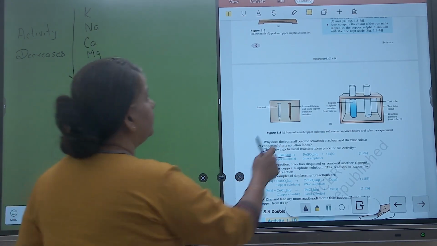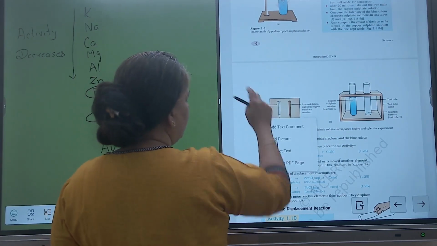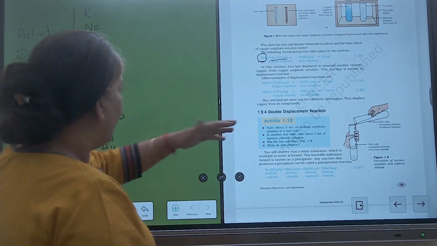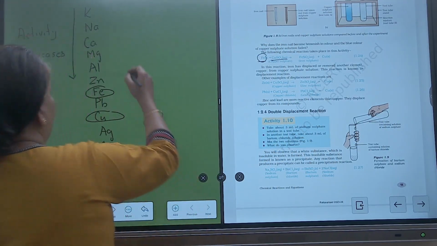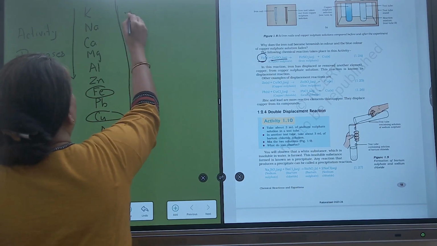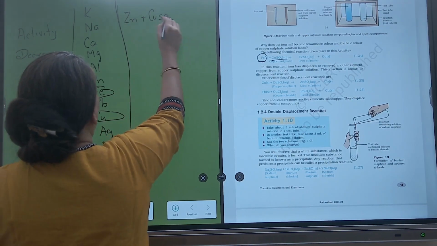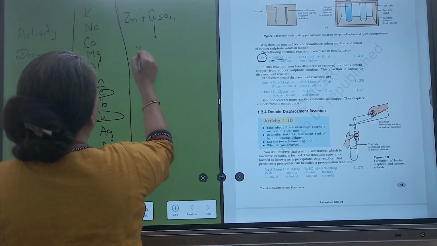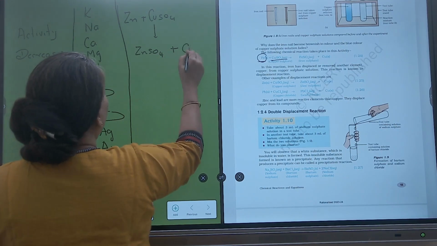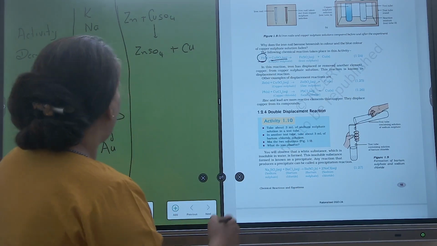Similarly, we can see some more examples. Again, zinc plus copper sulfate, CuSO4. What are we getting? Zinc sulfate, ZnSO4, plus copper, which will be deposited on the inner side of the test tube.